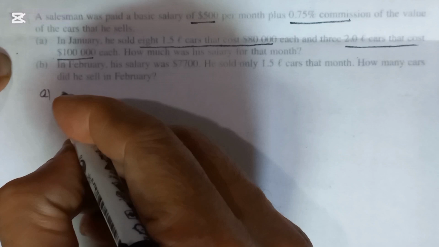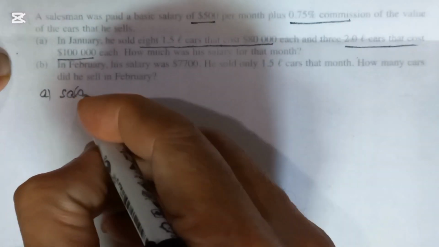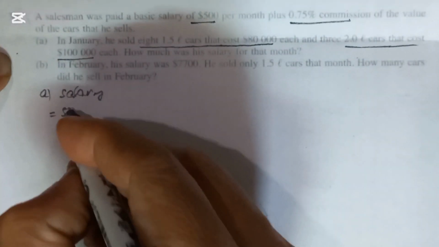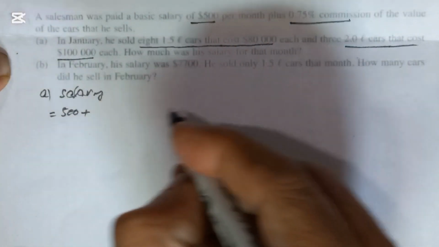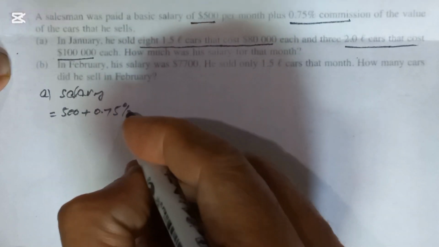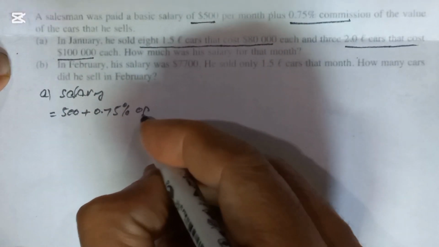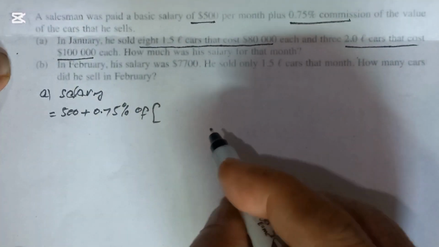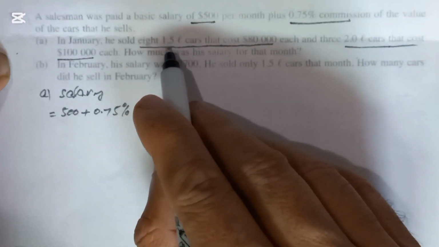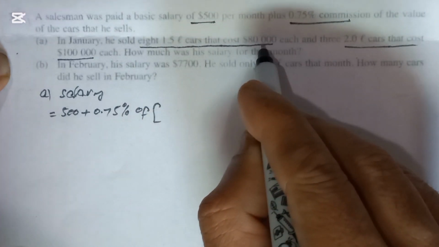Okay, the salary for that month in A part should be equal to basic salary, that is $500 plus 0.75% of 1.5 L cars that cost each 80,000.